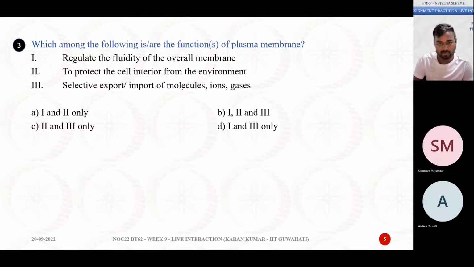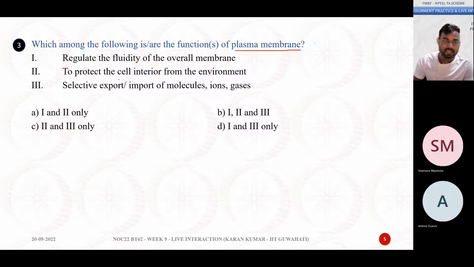Option B, all three are correct. Very good. The main role of the plasma membrane is to separate the extracellular and intracellular regions, right? Also, the transport proteins present in the plasma membrane selectively export or import molecules and gas from exterior to interior or interior to exterior.